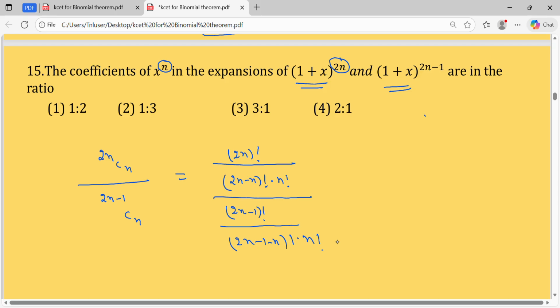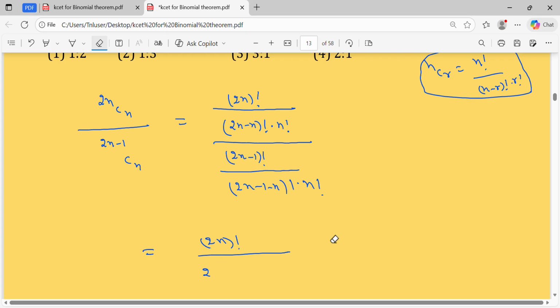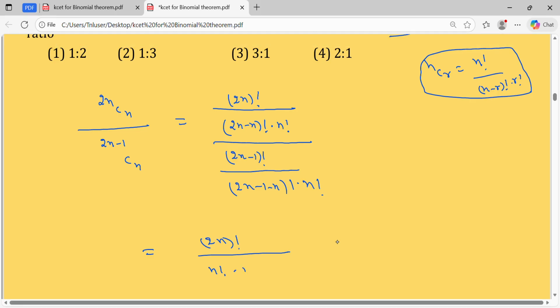Use this formula, the nCr formula: nCr equals n factorial by n minus r factorial into r factorial. Next step, write in reciprocal form. This can be written as 2n whole factorial by 2n minus n, that is n factorial, into n factorial.